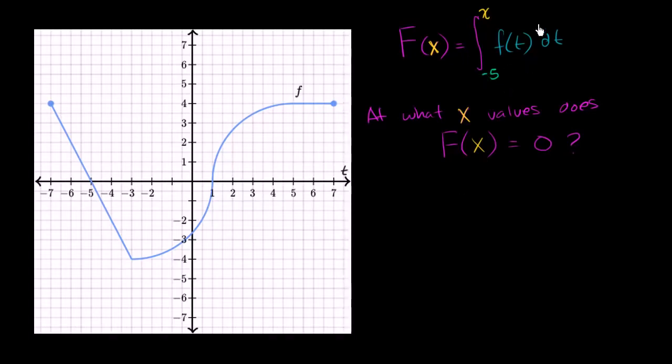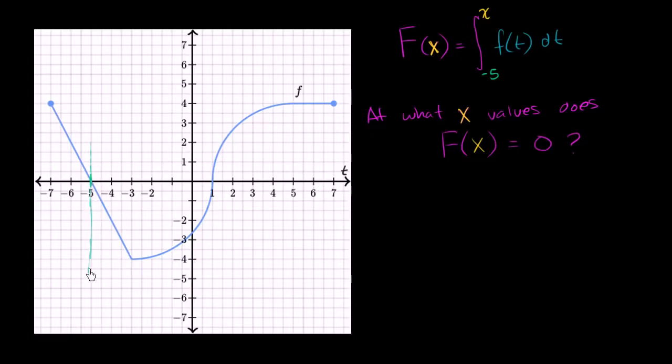So let's just think about what this function capital F of x is really talking about. One way to think about it is it's the area between t equals -5 and t equals x, that is below the function f of t and above the t-axis. And if the area is the other way around, if it's below the t-axis and above the function, it's going to be negative area. So we're looking at t equals -5, which is this boundary right over here.